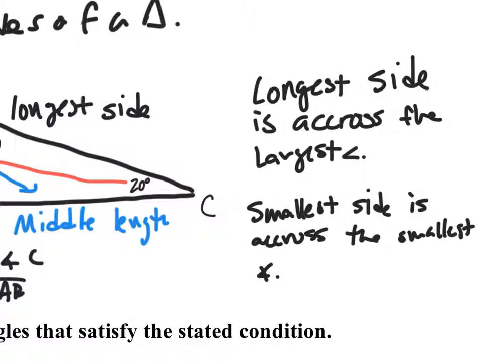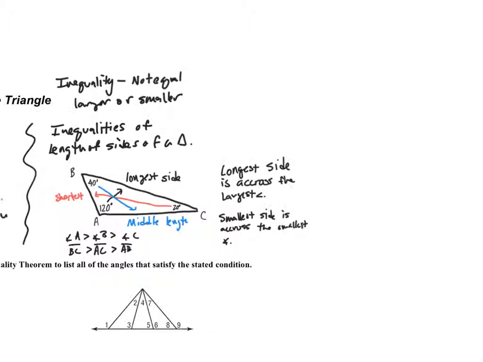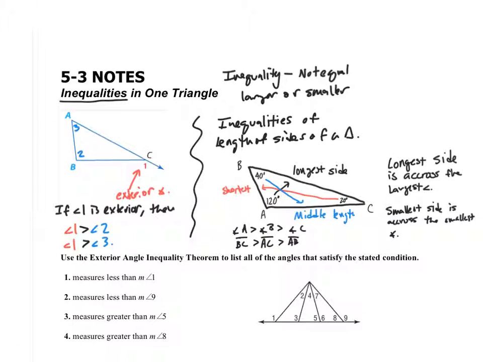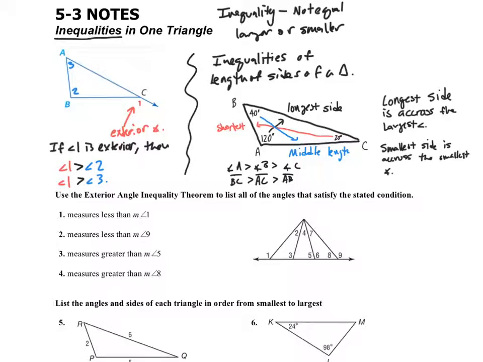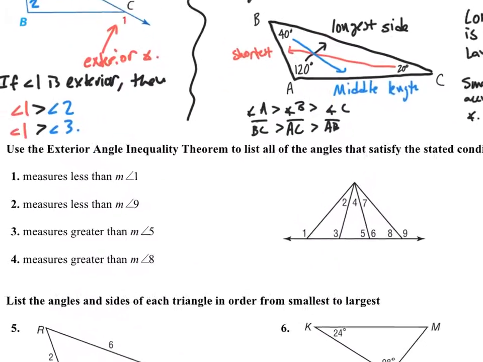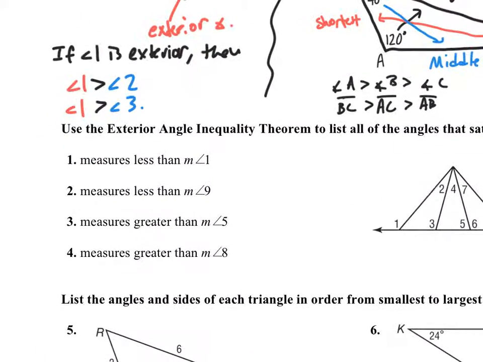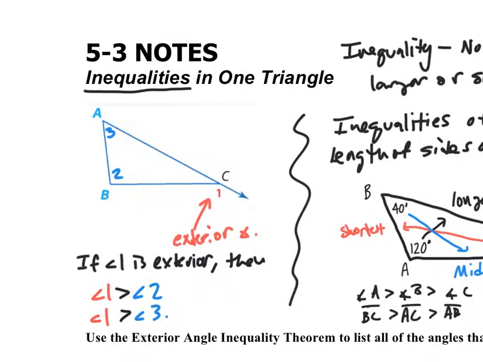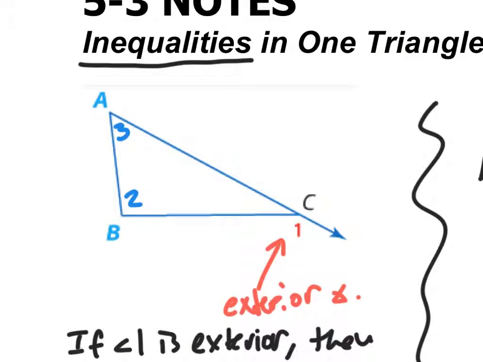The middle is across from the middle angle. So that's what we can tell from the sides of a triangle. So let's go ahead and answer some of these questions here and use the exterior angle inequality theorem. I forgot to write that this is the exterior angle inequality.